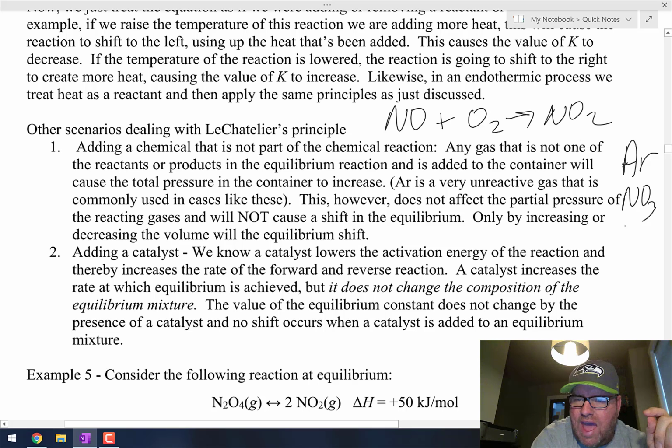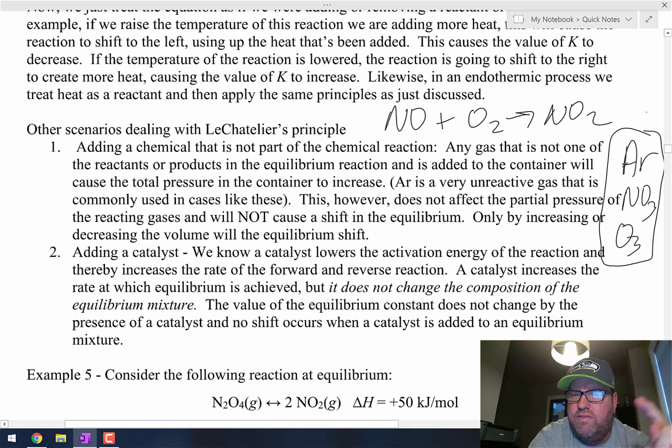Or what if I add some O3, not O2, O3? What if I add a gas that is not one of the chemicals directly involved in the equation? Of course, if you add some more gas, the total pressure in the container is going to increase.